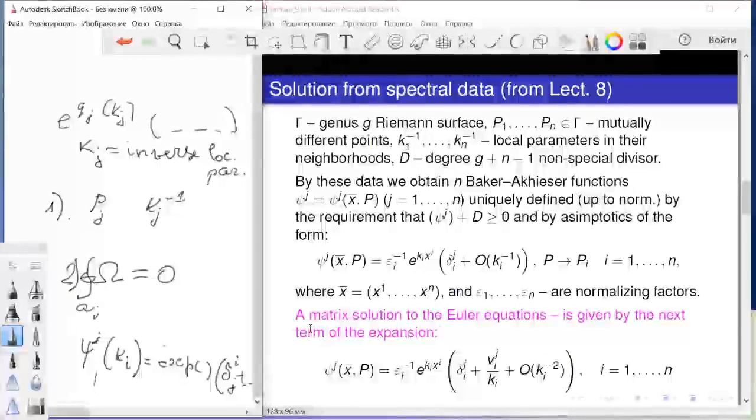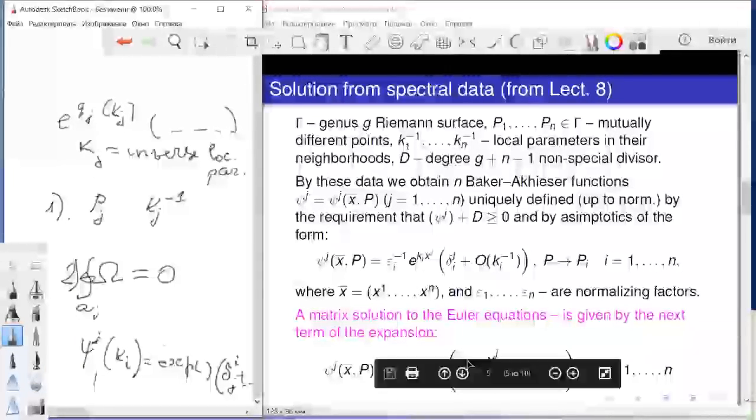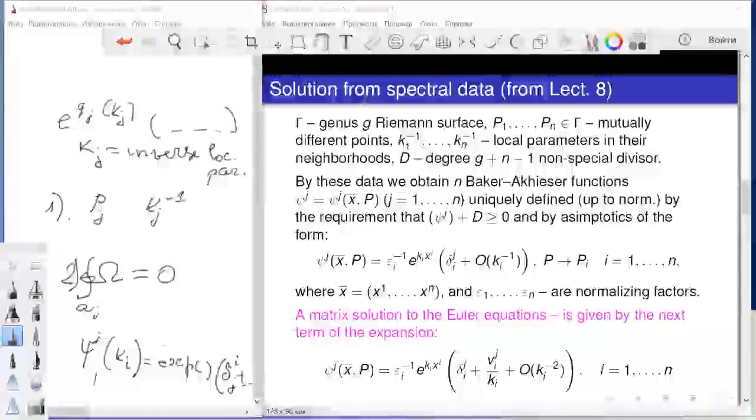A matrix solution to the Euler equations is given by the next term of the expansion, as it is written in the lowest relation.